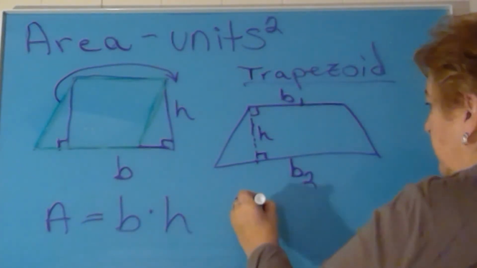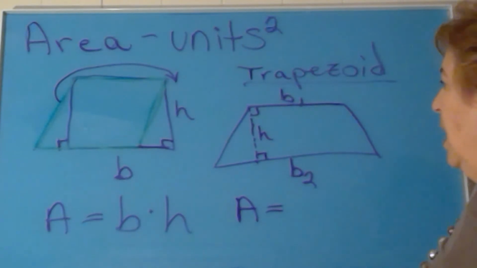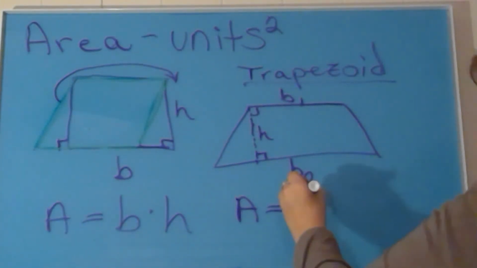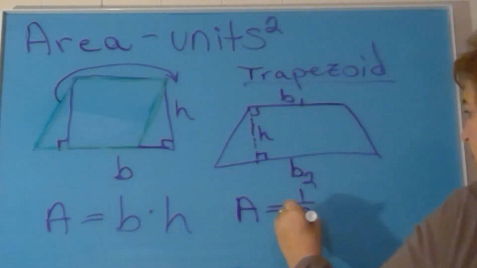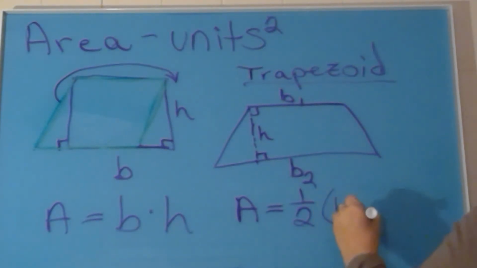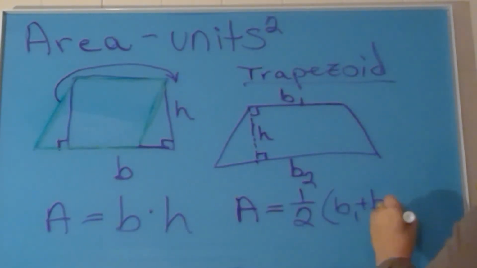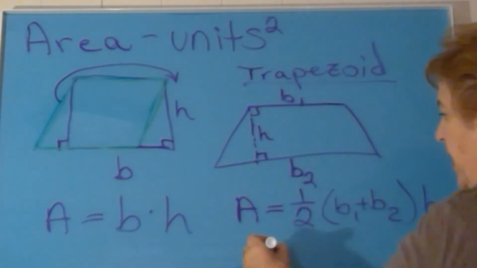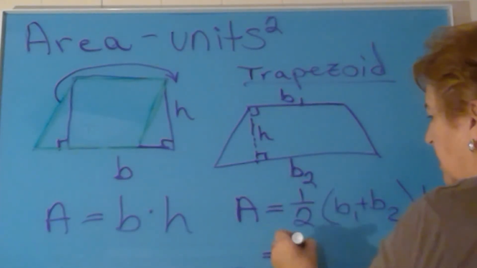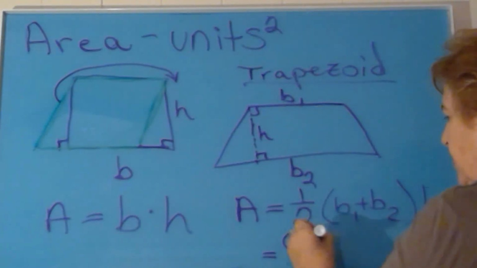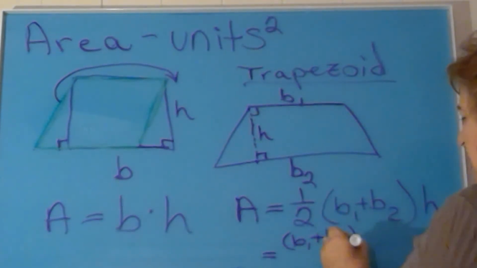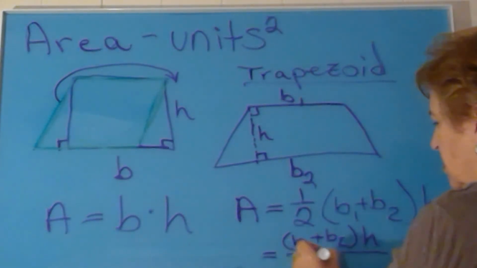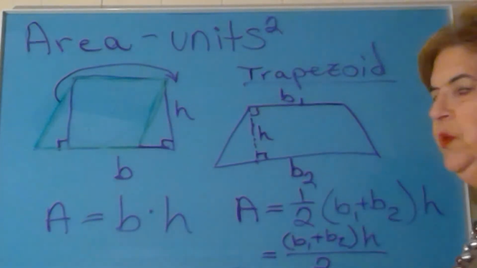The area of a trapezoid is 1/2 base 1 plus base 2 times h. You may have seen this written as b1 plus b2 times h all over 2.